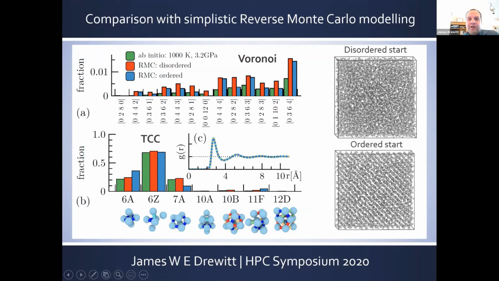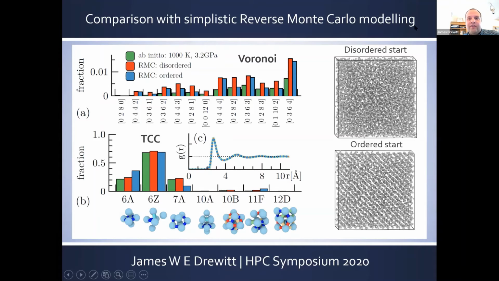But remarkably, both these RMC simulations share almost identical pair distribution functions, and both have otherwise good convergence with the ab initio G of R. So this really illustrates the need to go beyond such a simplistic approach and use ab initio.